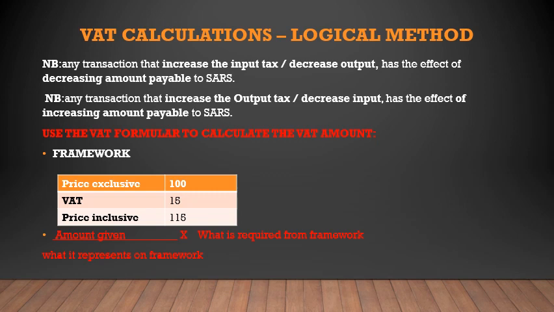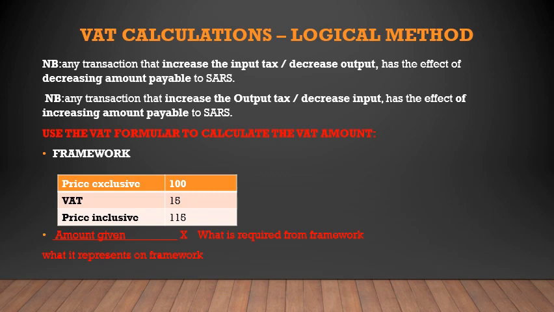We are going to use this to form our VAT formula. So whenever you are given a transaction, you need to ask yourself, is it price exclusive? Is it price inclusive? Because our formula says amount given in the transaction divide by what it represents on the framework, multiply by what is required from the framework, will give us the required amount.